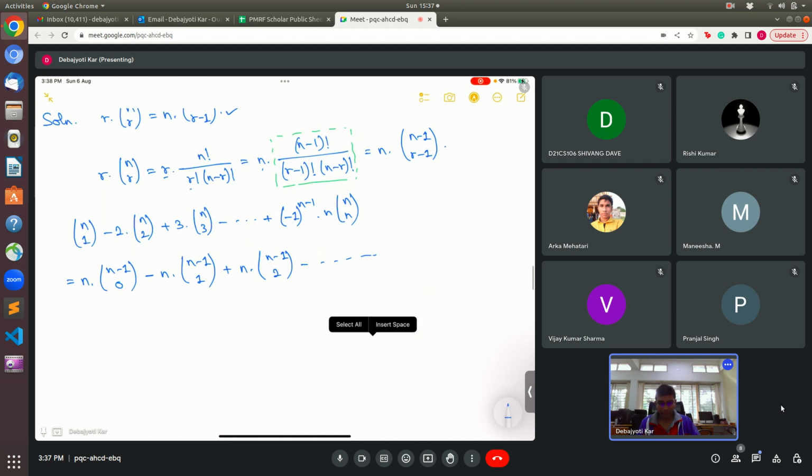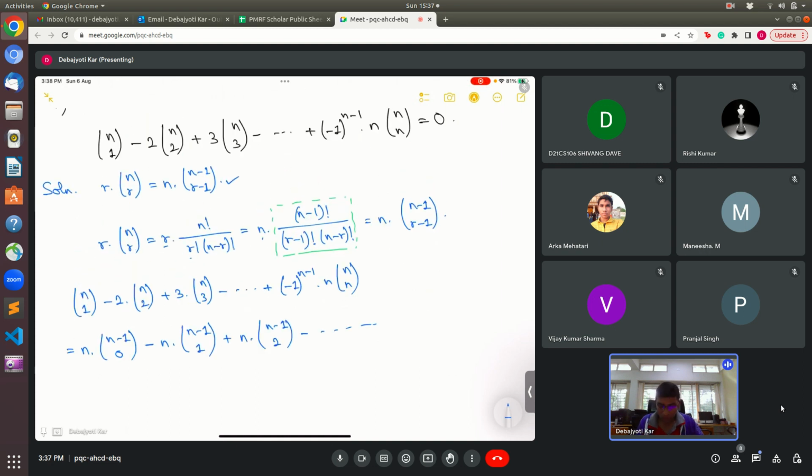So the first term is nothing but 1 times n choose 1. That is nothing but n times n minus 1 choose 0. Then the second term is 2 times n choose 2, which is nothing but n times n minus 1 choose 2 minus 1, that is n minus 1 choose 1. Similarly, 3 times n choose 3 is n times n minus 1 choose 3 minus 1, and so on.